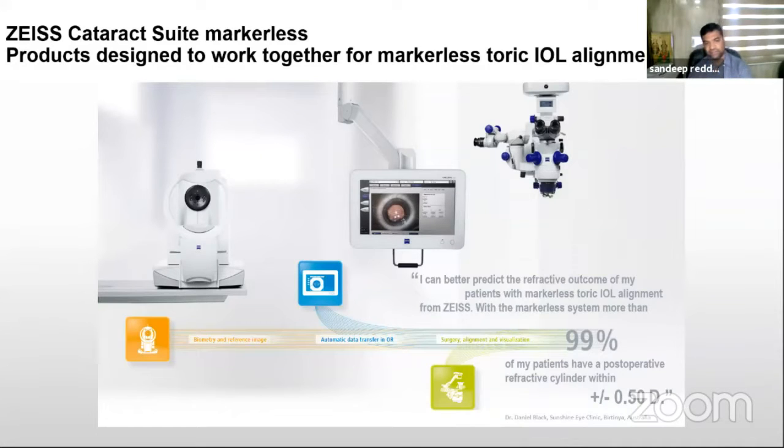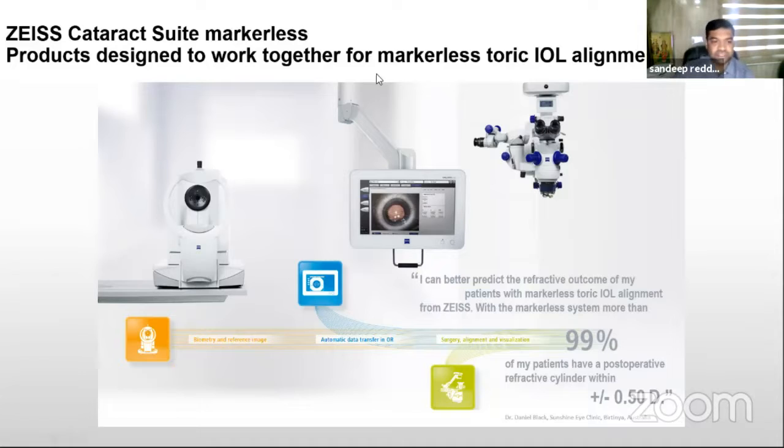We have two markerless toric systems in our market, the Callisto system and the Varion system. The Varion is from Alcon. Today I'll be talking about my experiences with the Callisto system. As you are all well aware, one of the best optical biometers is the IOL Master 700.